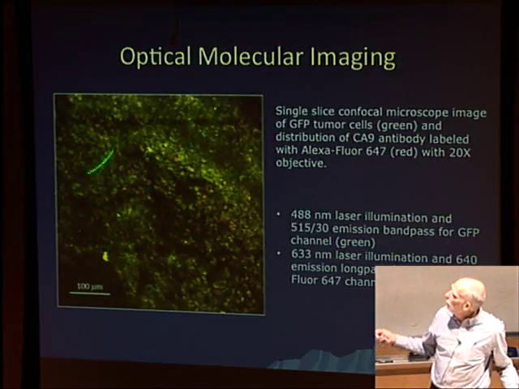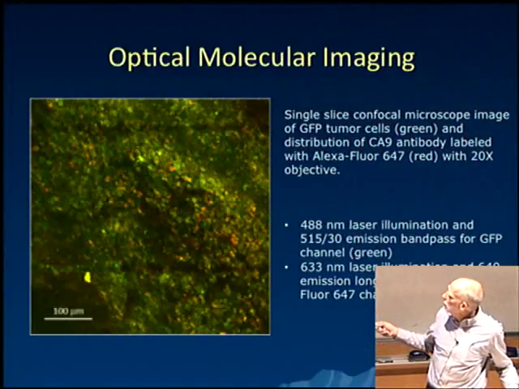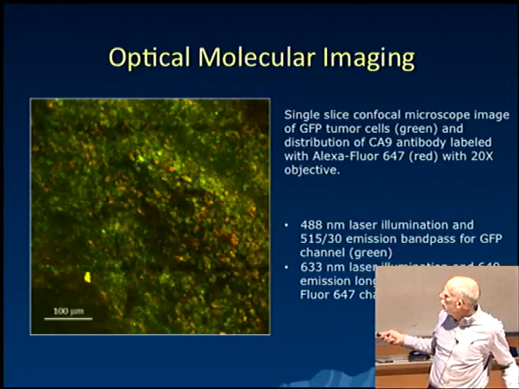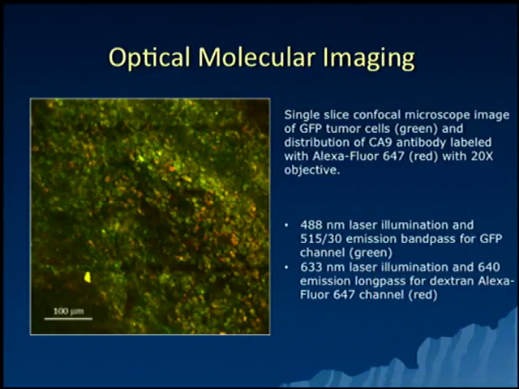One more example of high-resolution imaging at the molecular level. This is CA9, which is a particular molecule that's associated with the transport of protons across the cell membrane.